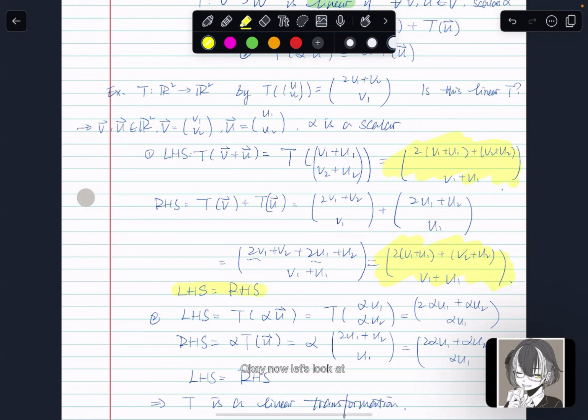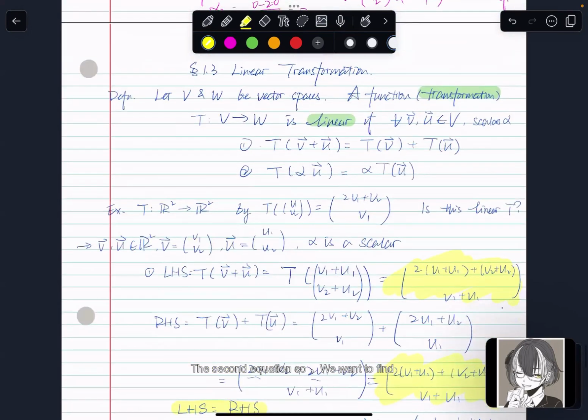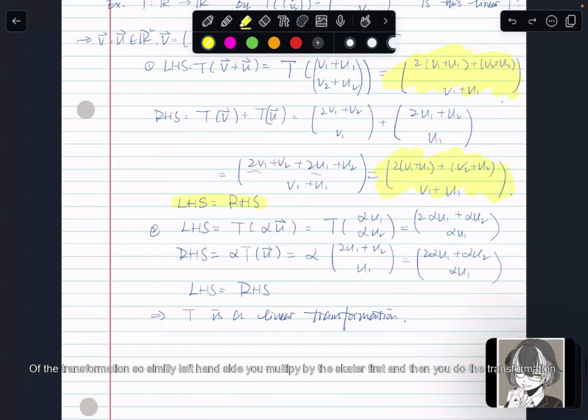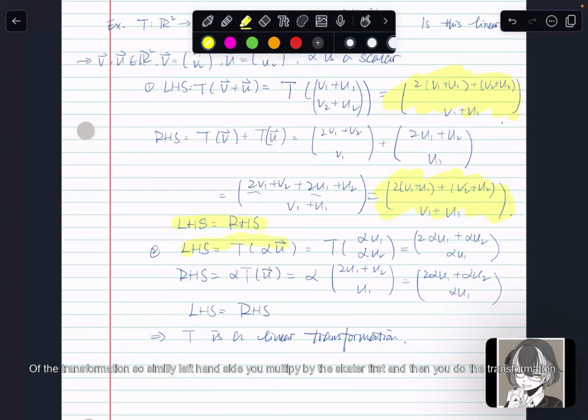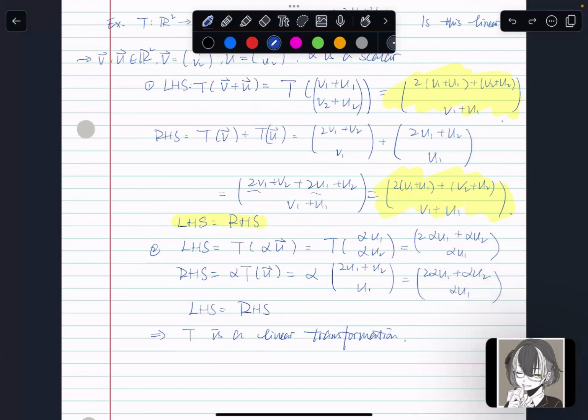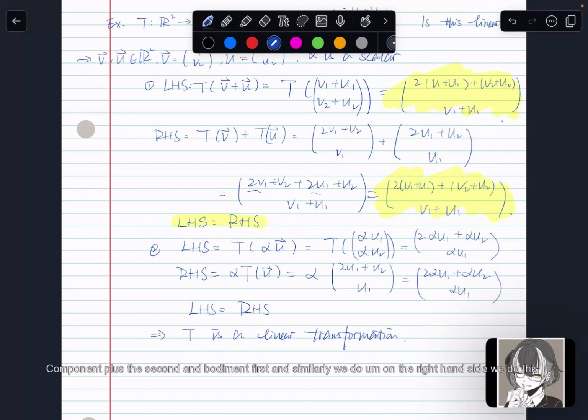Now let's look at the second equation. We want to prove that the transformation of a scalar product equals the scalar product of the transformation. Similarly, on the left-hand side, you multiply by the scalar first, and then you do the transformation, which is 2 multiplied by the first component plus the second, and on the bottom the first.